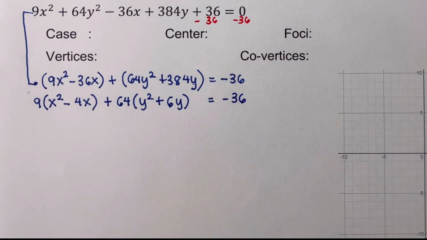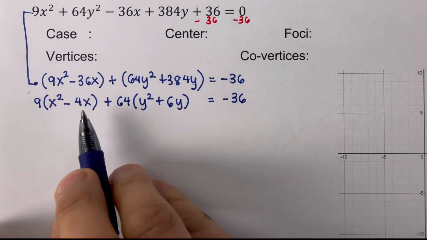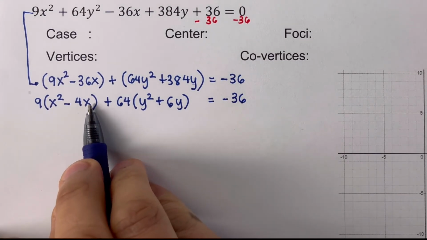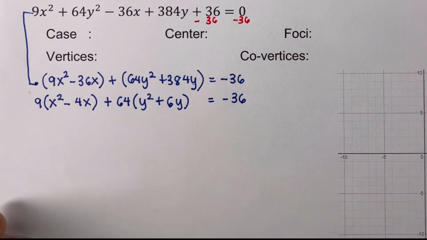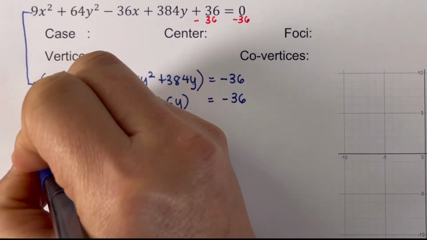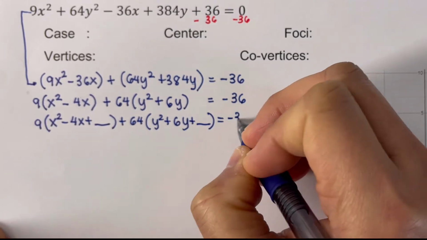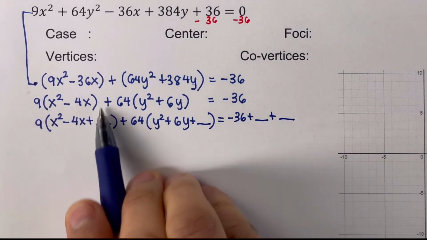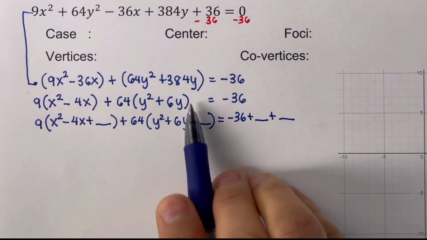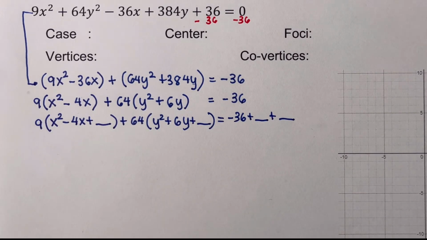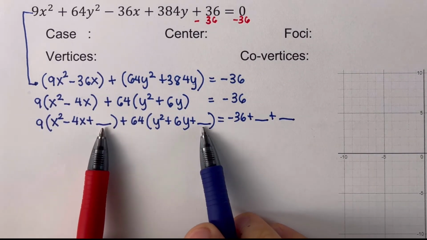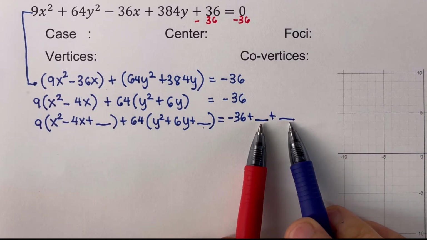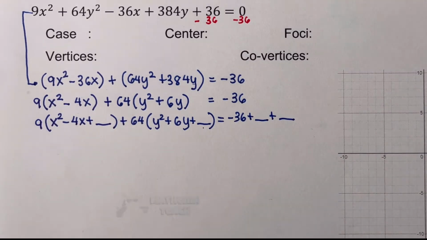Now, what we are going to do next is add blanks after this 4x and after the 6y. So I added a blank to the first parentheses and a blank to the second parentheses. Since I added 2 blanks on the left, I will add 2 blanks on the right as well. Now, what do we write into this blank?